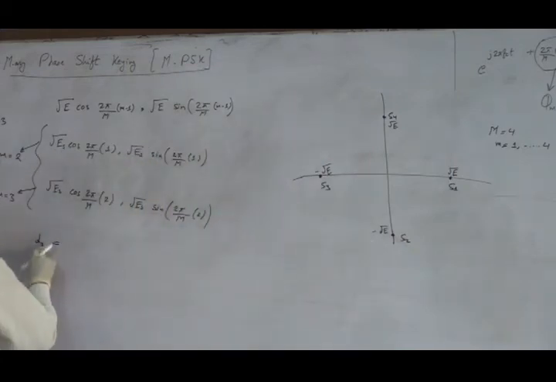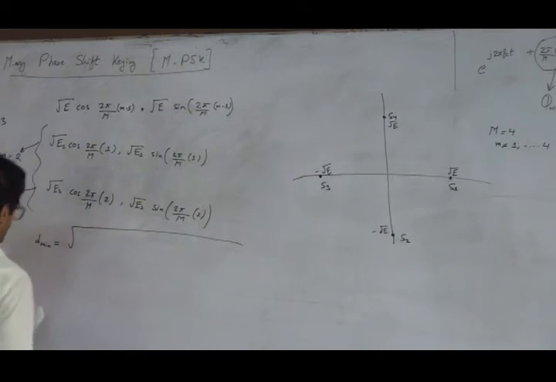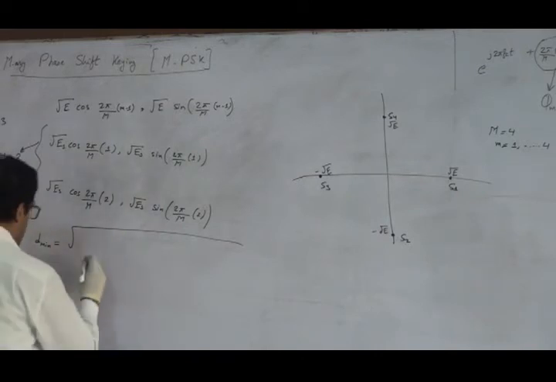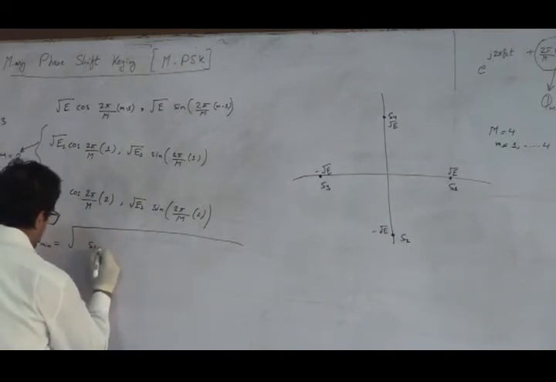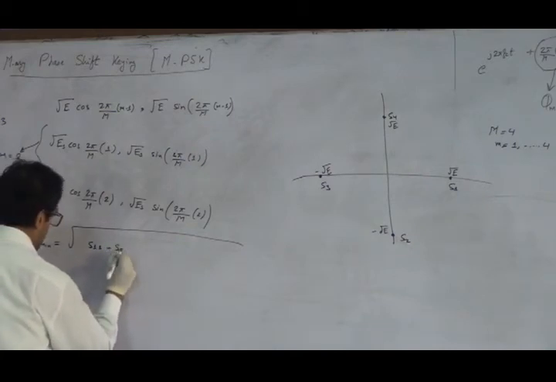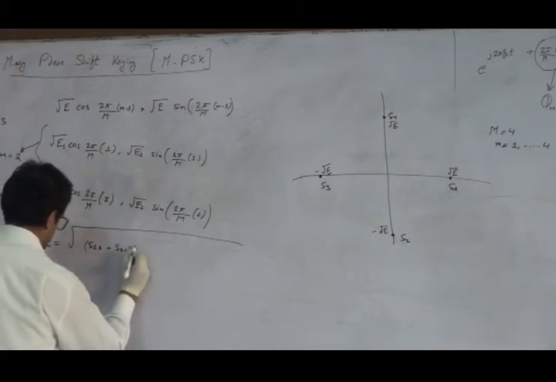So in short, this is equivalent to D minimum, which is equivalent to S11 minus S21 square.